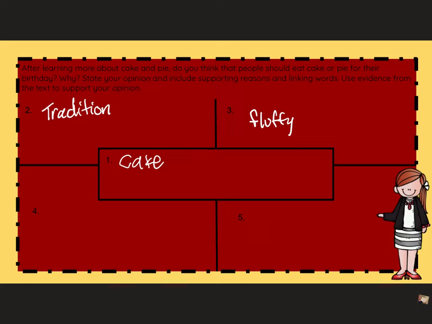In fact, it's very sugary. It doesn't have frosting, but the fact that it's fluffy is very different from pie. And then I'm going to say the liking it here. And then again, in my final one, we're going to do the conclusion.